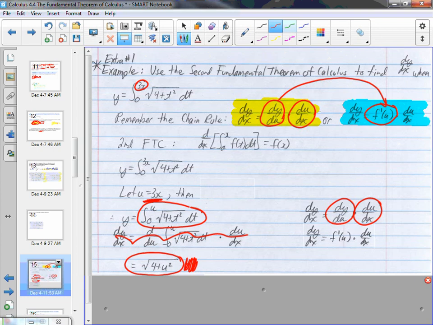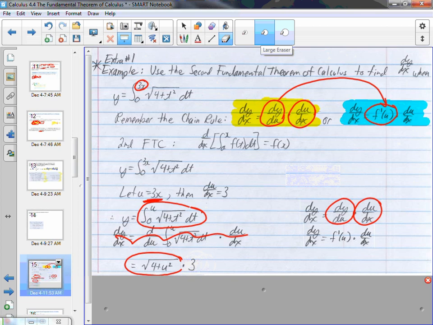Well, if u is 3x, and this is what I had covered up here, isn't the derivative of u 3? It wasn't there. I had it covered up. So the derivative of u is 3. So, times 3.